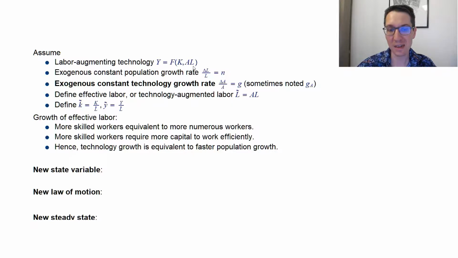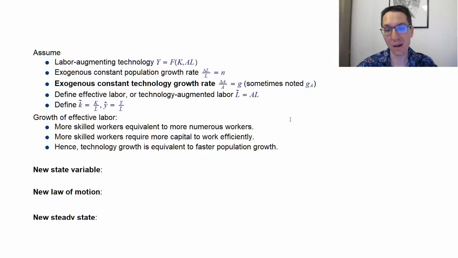Instead of caring about how many people are in the workforce, we care about how many efficient people work. So the number of technology augmented workers, or technology augmented labor, which we write L tilde equals AL. So don't be scared by L tilde. It's actually there to help us make our lives easier.